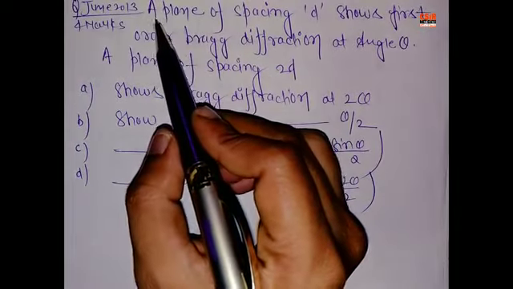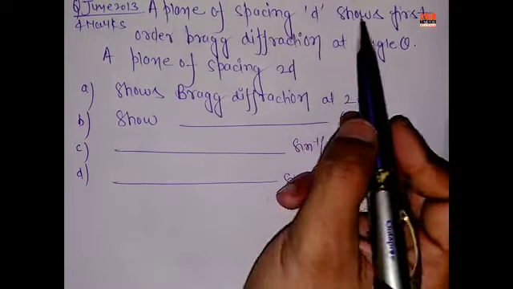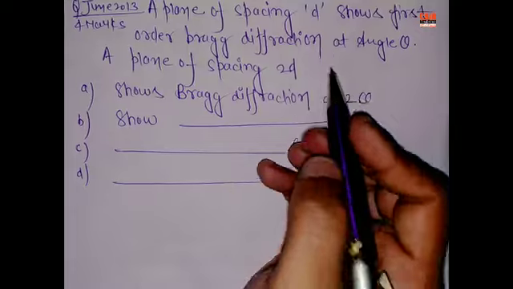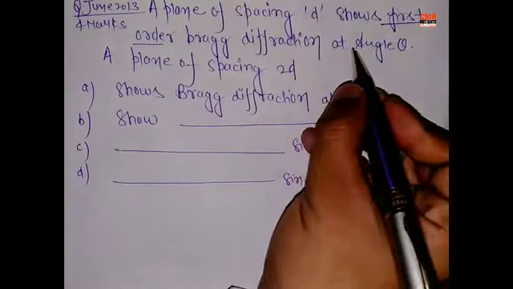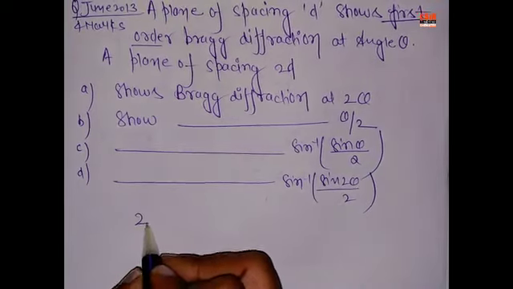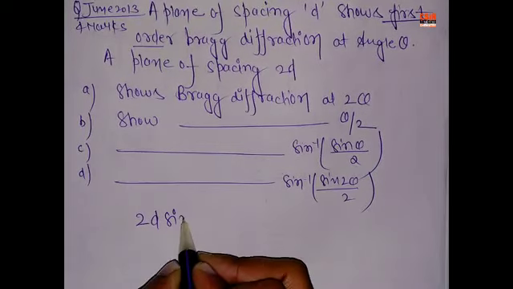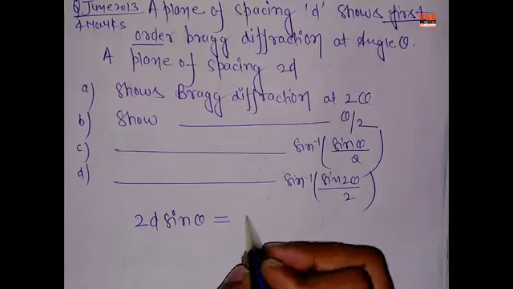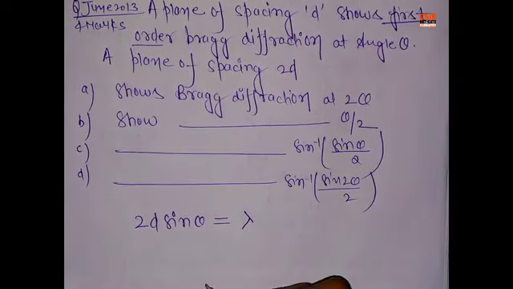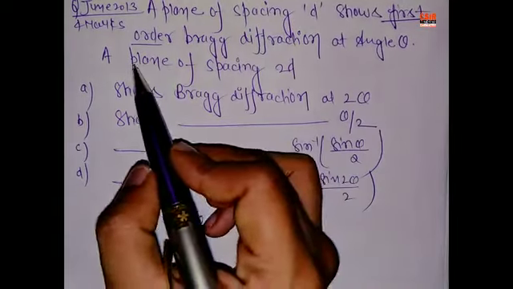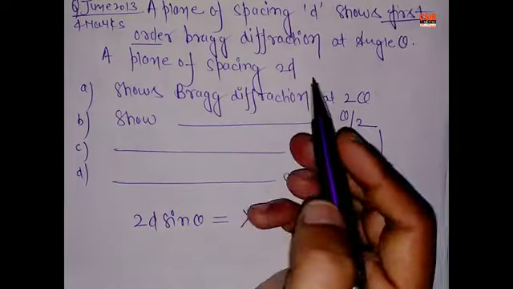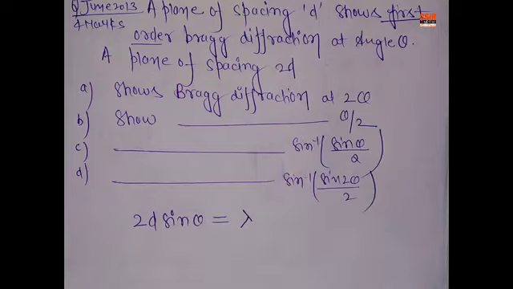So the question says a plane of spacing d shows first order Bragg diffraction at angle theta. This is first order, that means n equals 1. So write 2d sine theta equals lambda, because n equals 1. Now it says that a plane of spacing 2d shows Bragg diffraction at which angle.